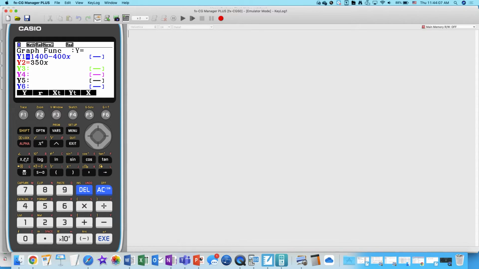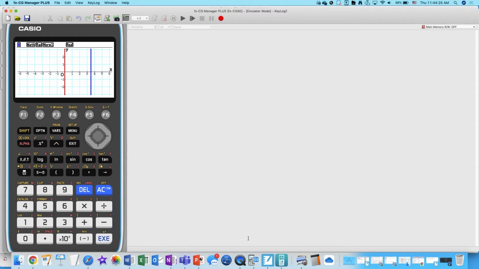Okay? So now if I hit enter, I can draw this thing. And what you can see is that I really don't see very much. And if I were to do this on the TI, I'm going to quickly do that as well.